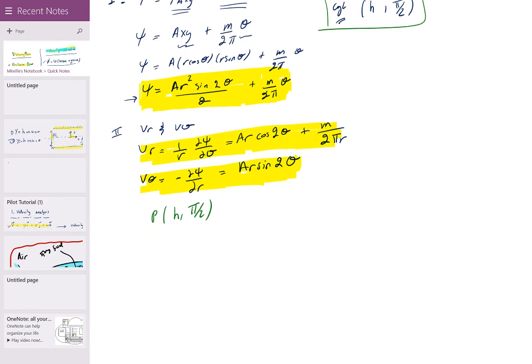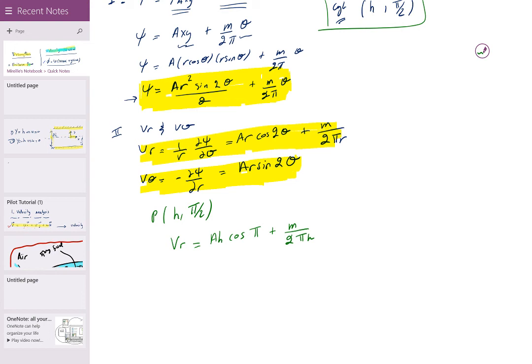If I replace it in vr, I'm going to get vr equals A h cos pi plus m over 2 pi h.